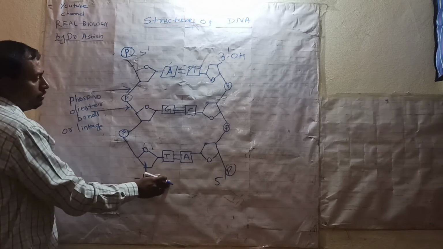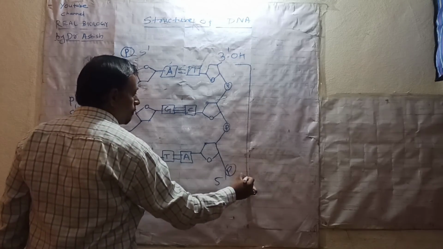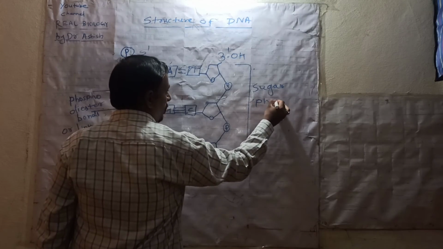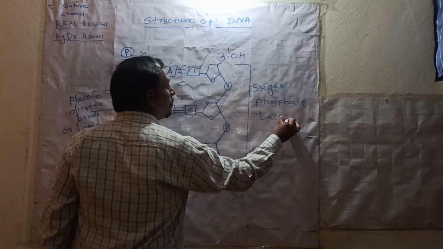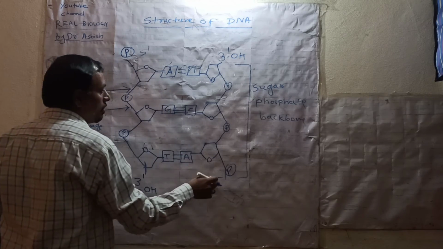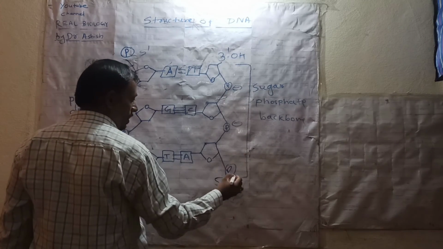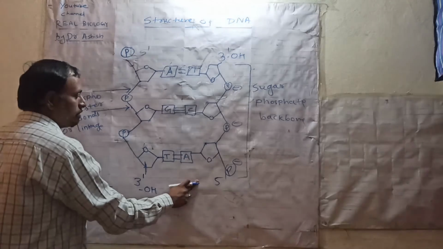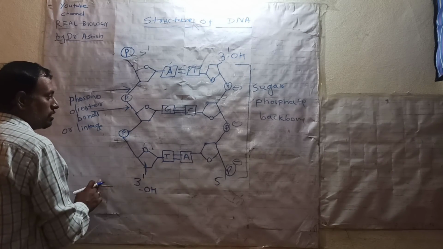So this is how the DNA structure is represented. This is the sugar phosphate backbone with phosphodiester bonds. Phosphate carries a negative charge, and the beta-N glycosidic bond joins the sugar and the nitrogenous base together.